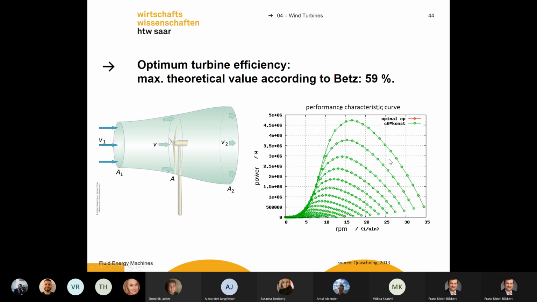That is an important point. I mentioned the Betz efficiency, but efficiency really depends on rotation, on how fast your plate is, and depending on the rotation number of the plate, your efficiency can change.